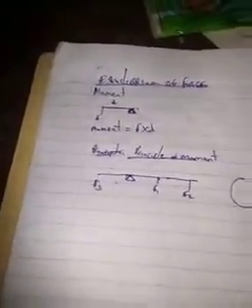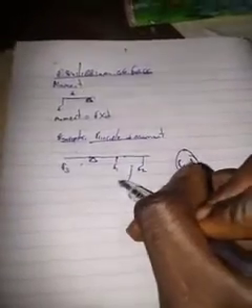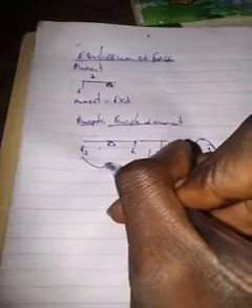When you look at the hand of a clock, are you seeing what I'm doing? You will notice that this side is the clockwise direction, while this side is the anti-clockwise direction. Hope you understand my point now.